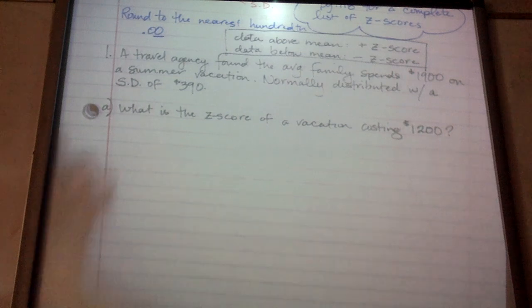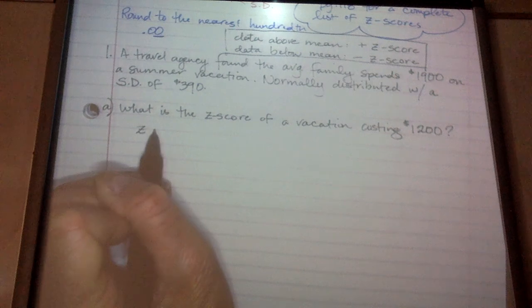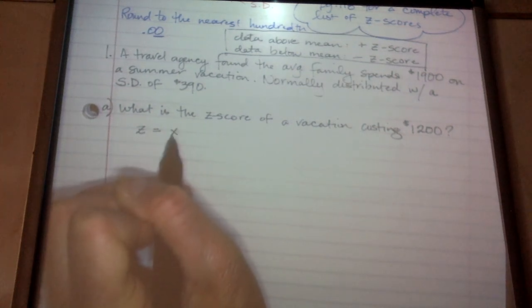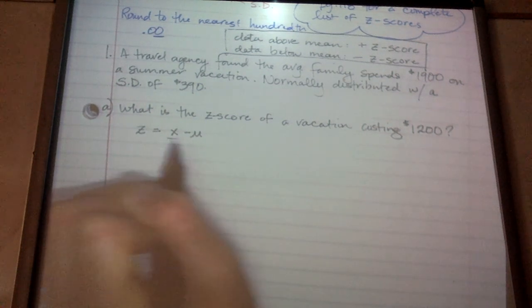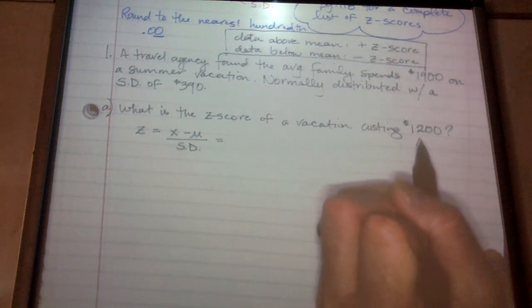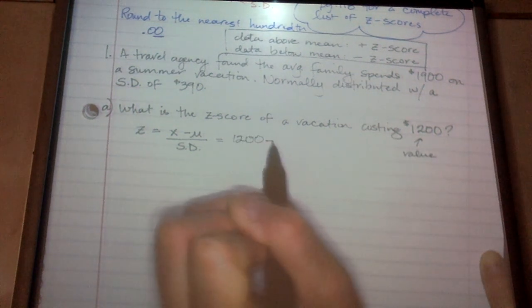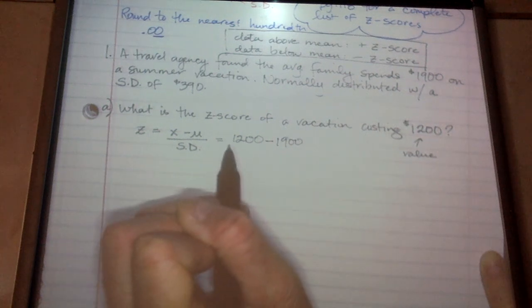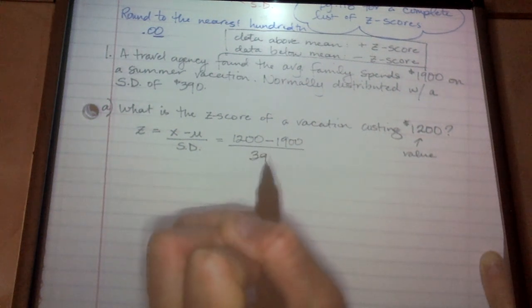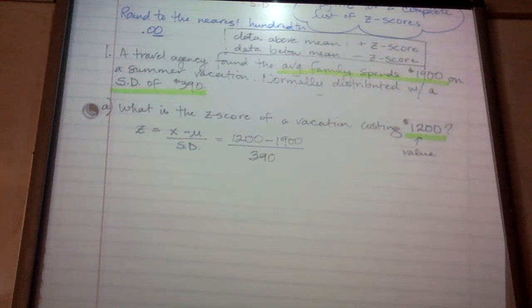So just to go over how to use the formula, my z-score is going to equal my data minus the mean divided by my standard deviation. So 1,200 minus the average, which was 1,900, divided by the standard deviation, which was 390. So here's my average, standard deviation, value. Those are the three numbers that I used in this formula.